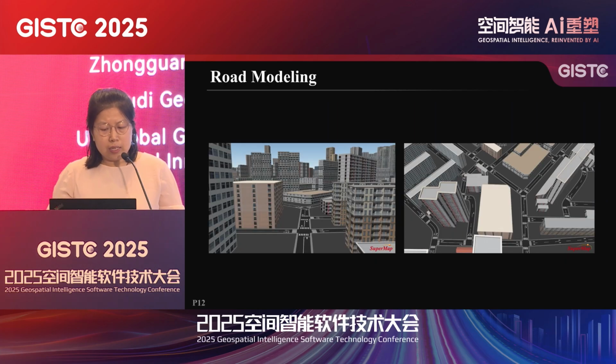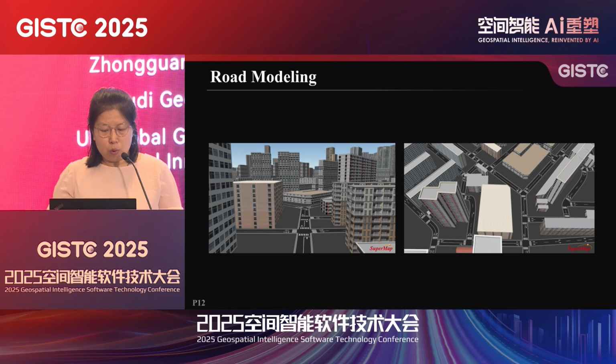And for city-scale models, roads are another essential element alongside buildings. The SuperMap platform also supports intelligent 3D road construction based on road centerlines, road classifications, and lane information.